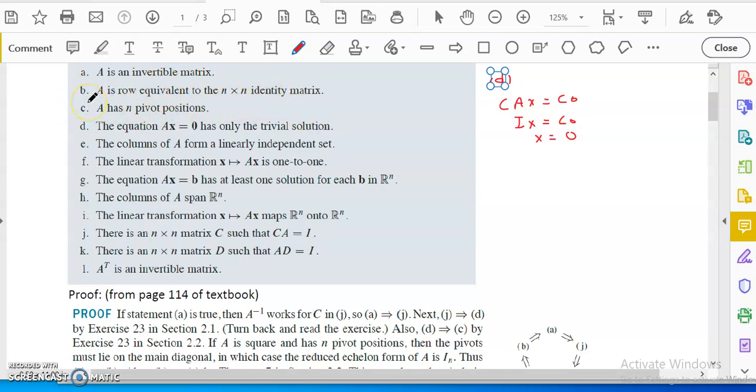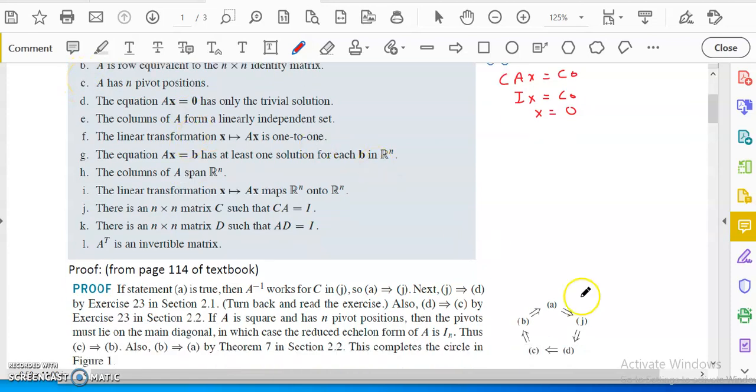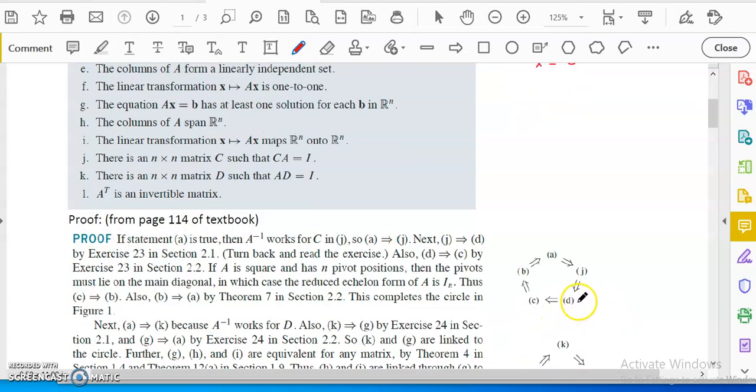And from B, the way we make an inverse is through row equivalence to an identity matrix, so that goes back to A. So there is a loop of A to J to D to C to B to A, and all these five are equivalent.